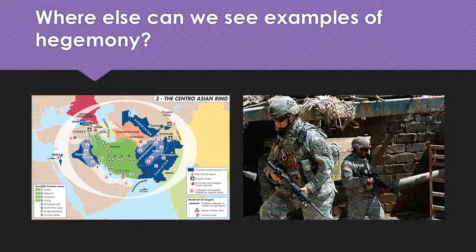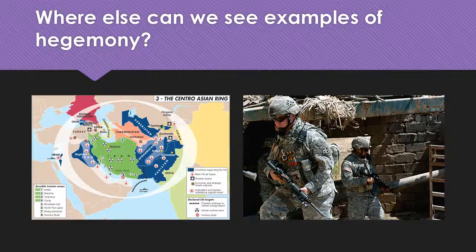In the map on the left, you see the Central Asian ring. You can see all the little airplanes. The red airplanes are the United States military bases. So you can see that they're in all different areas: Afghanistan, Pakistan, Iraq, all the places where we eventually have that dominant position.